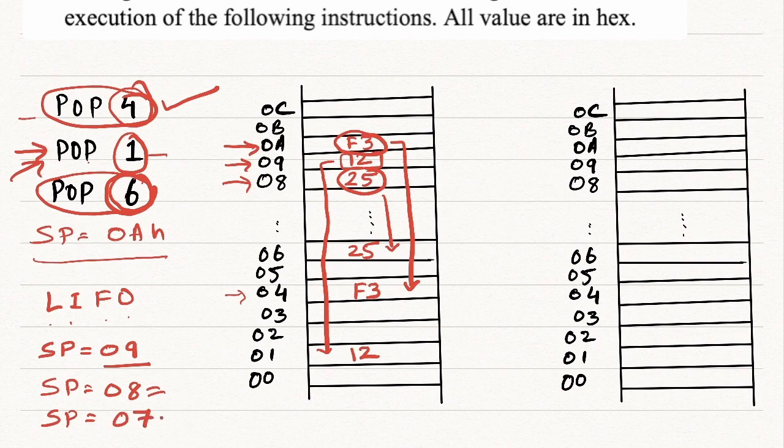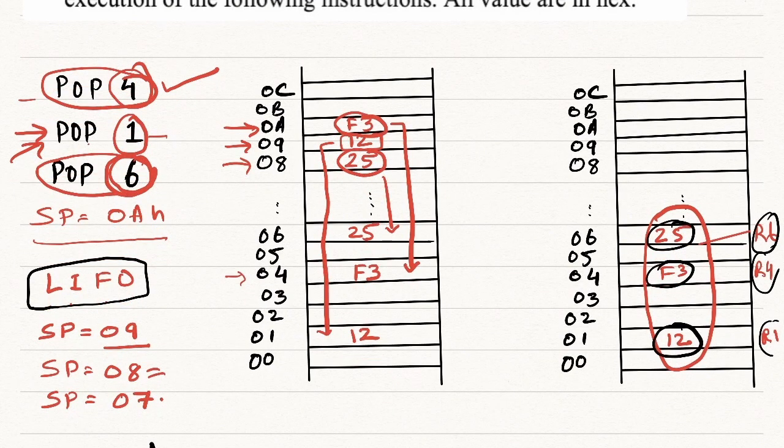So after the execution of these 3 pop instructions, you see the value of address location 6 is 25, location 4 is F3, and location 1 is 12. Hence, we can say that at the end of these 3 instructions, that is pop 4, pop 1, and pop 6, the contents of memory locations 1, 4, and 6 are 12, F3, and 25.